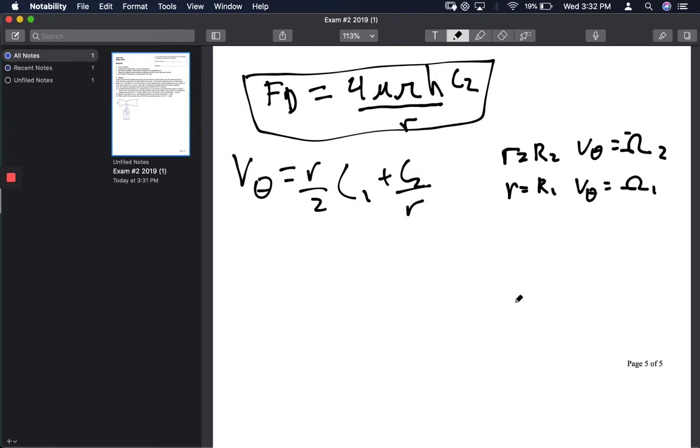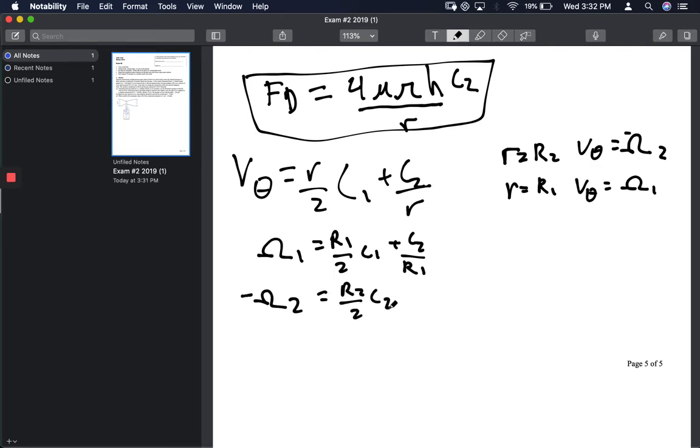Okay, so if we plug both of those in, omega 1 is equal to R1 over 2 C1 plus C2 over R1, and then negative omega 2 is equal to R2 over 2 C1 plus C2 over R2. All right, so we can take these and essentially isolate the C2s, which is what I did.